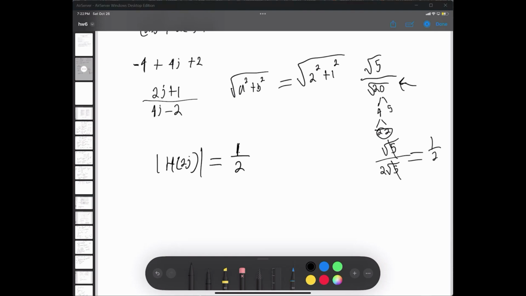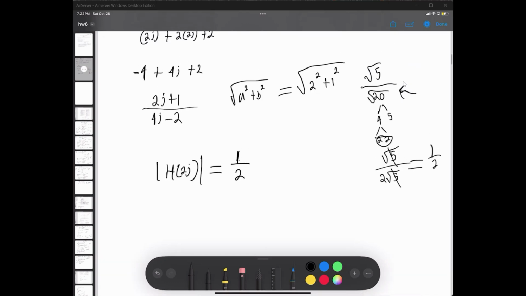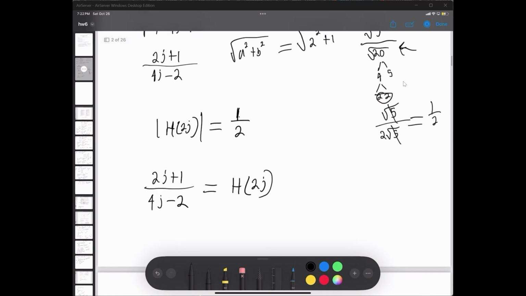So how do we compute the phase angle of H of 2j? To evaluate H at 2j, it's going to be 2j plus 1 over 4j minus 2. So what is the phase angle of H at 2j?